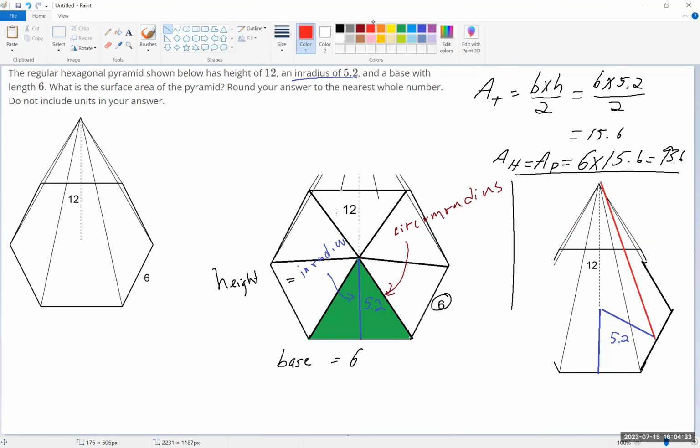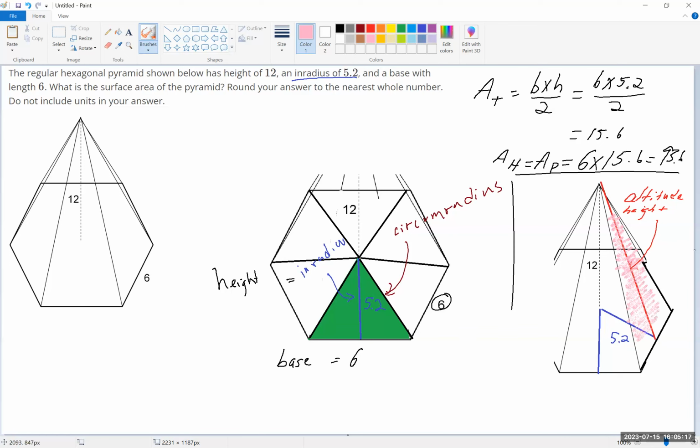Okay. So the reason we need that one is because this one here is going to be the altitude or the height. And you're saying the height of what? Well, it's the height of, let me see if I can make it pink here. It's the height of this triangle here.